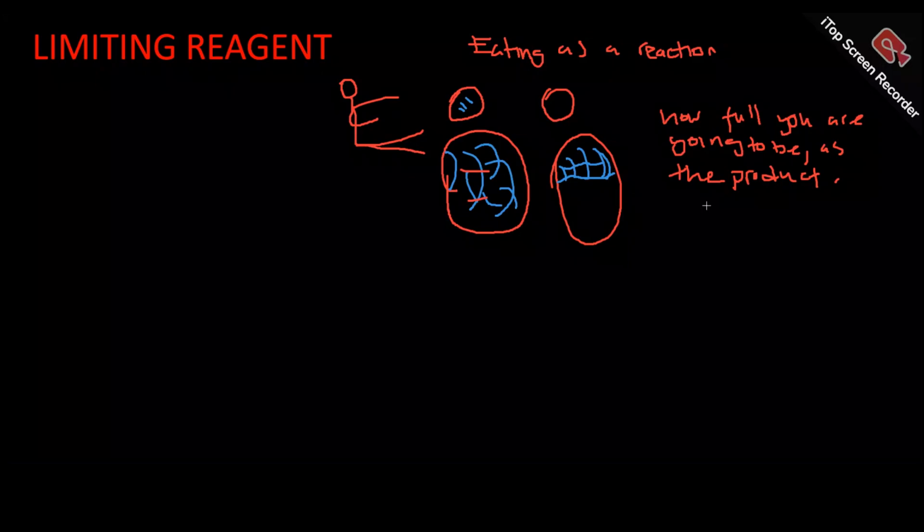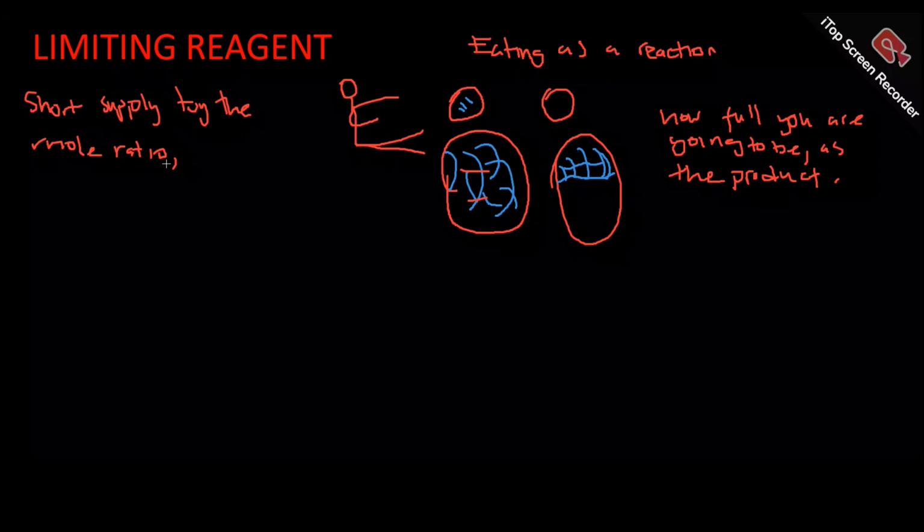Now, how do we find the limiting reagent? From what we have talked about, I can ask you the question, what is a limiting reagent? This is a reactant which is in short supply by the mole ratio, and hence it finishes first during the reaction.